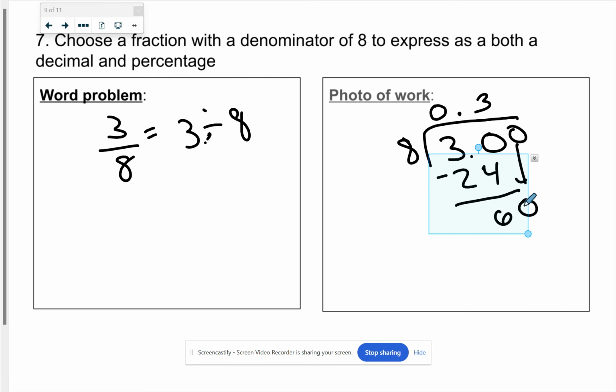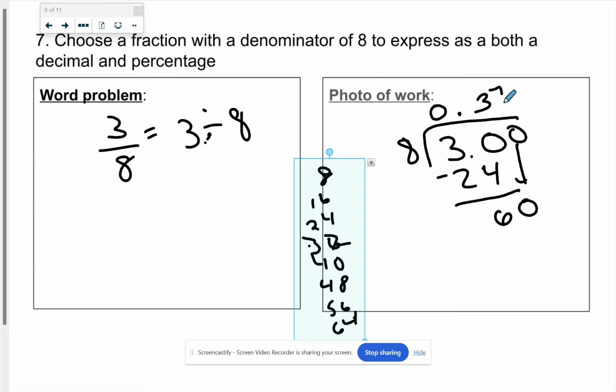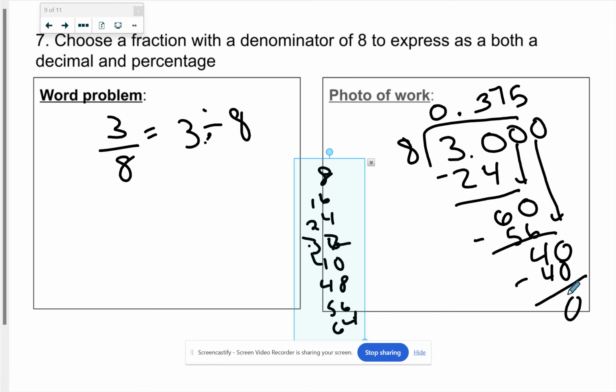Bring down a 0. Now, how many times does 8 fit into 60? Write out your multiples. Oh, that's 32. And it's going to be 7 times. 8 times 7 is 56. Subtract, you get 4. Bring down another 0 to keep it going. 8 fits into 40 5 times. 8 times 5 is 40. Subtract, you get 0. So as a decimal, it is 0.375.